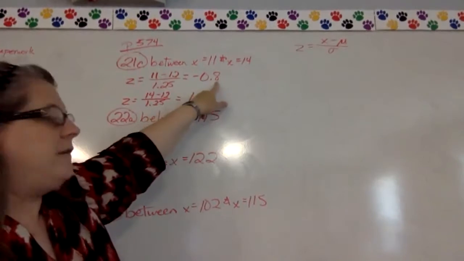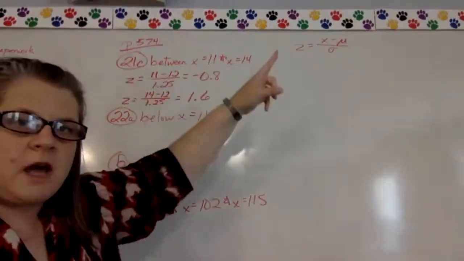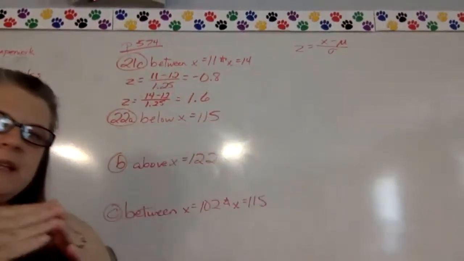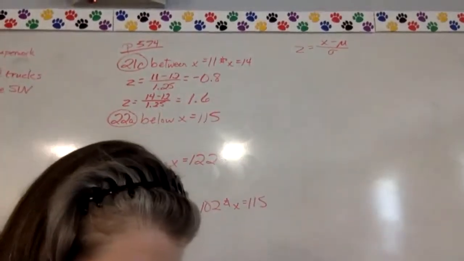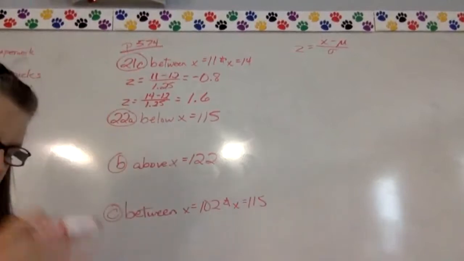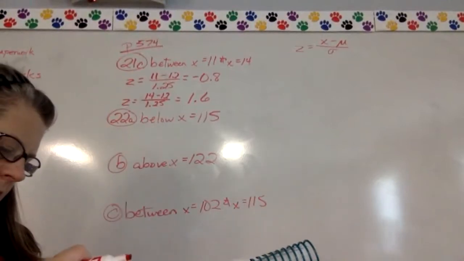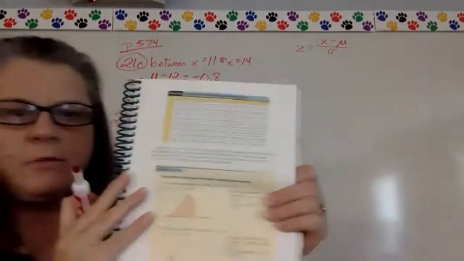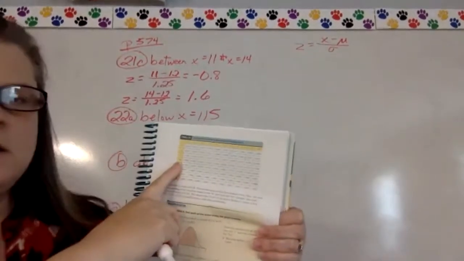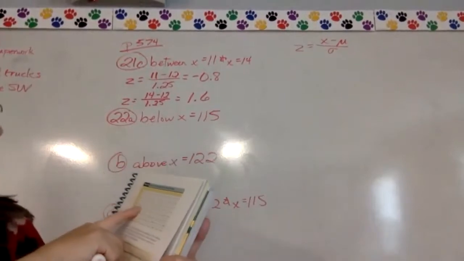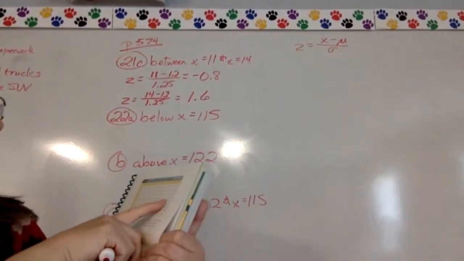The number after the decimal is across the top of the column. And where they meet is the number for this. So I need to get my table.